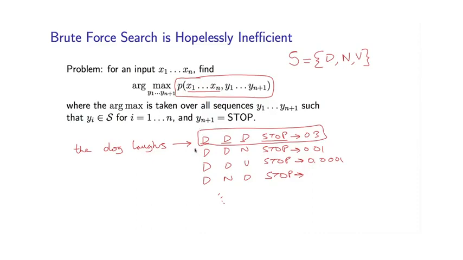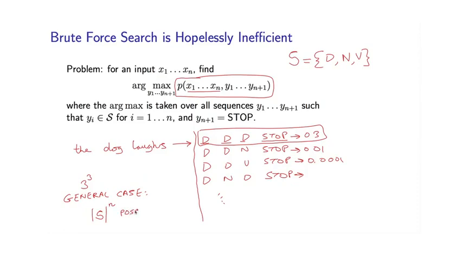The problem with this approach is that the number of possible sequences grows very quickly with the length of the sentence. In this particular case, I have 3 to the power 3 possible sequences, because there are 3 choices for the first tag, the second tag, and the third tag, and each of those choices has 3 possibilities. So in the general case, the number of possible sequences is the size of the set S, the number of tags, raised to the power n.